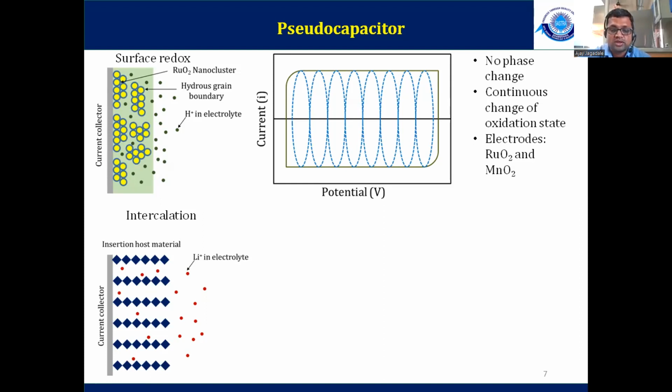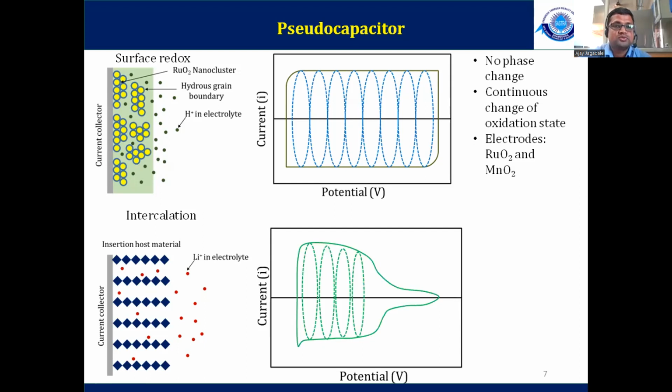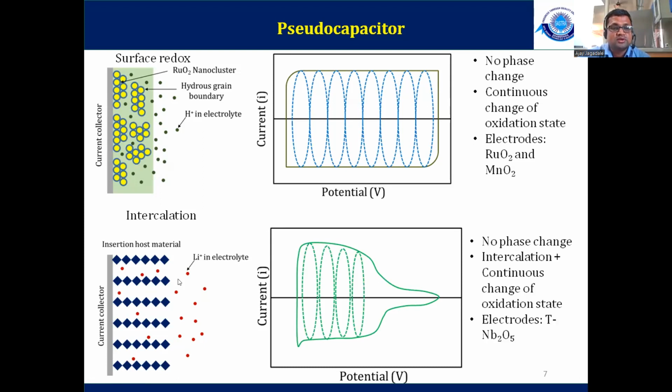Okay, so another type of pseudocapacitive electrode material is the intercalation type. Here one can take any layered metal oxide; niobium oxide is a good example of this type of electrode material. Lithium is intercalated here, and in this case also there is no phase change in the niobium oxide.